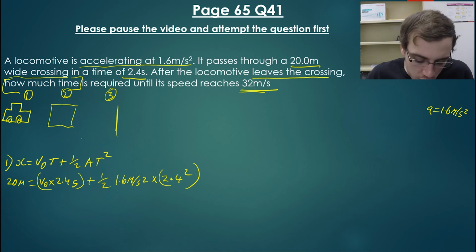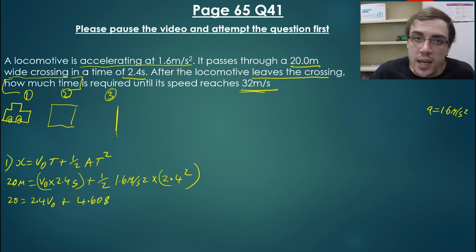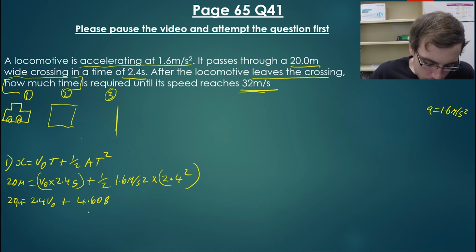So we do a bit of rearranging here. I calculated 2.4 squared, multiplied that by 1.6, and then divided by 2, which gives 4.608. The addition moves over, so it becomes a subtraction: 20 minus 4.608.